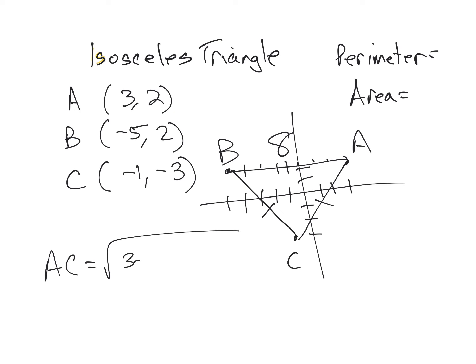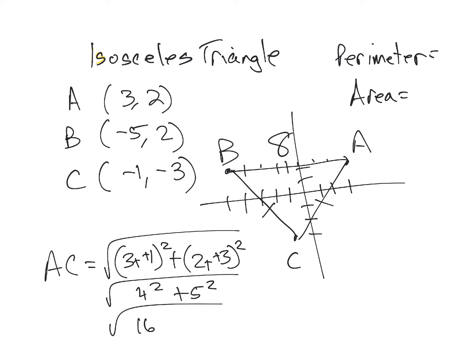A to C, 3 minus -1. 2 minus a -3. Change, change, change, change. 4 squared and 5 squared. Positive 16, positive 25, that's positive 41. So 6 point something. So square root of 41. Let's say 6.4. I don't know what it is. So 8 plus 6.4 plus 6.4, 20.8.